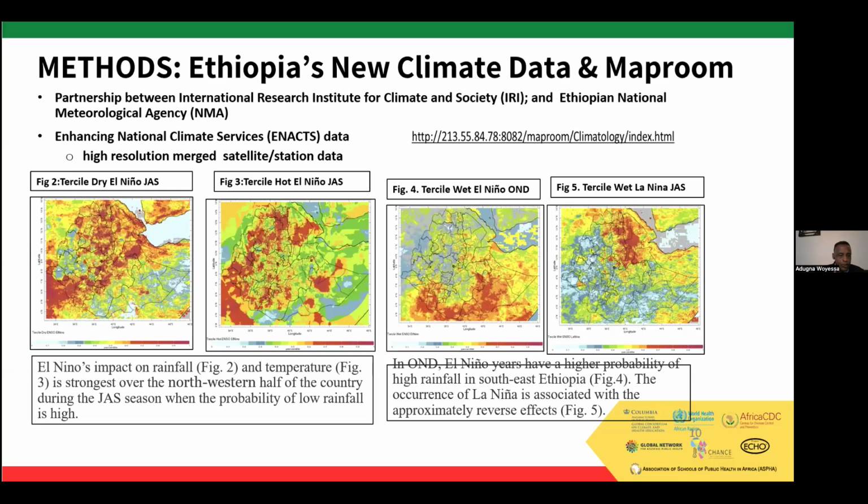As you can see, El Nino's impact on rainfall, and especially on figure 2, temperature. You can see extreme temperature, that is a high probability of higher temperature in the western and northern part of Ethiopia. And you can see the OND, October, November, December, in El Nino years have higher probability of high rainfall in southeastern Ethiopia, as you can see from figure 4. And figure 5, you can see La Nina is associated with the reverse effect. Next slide.